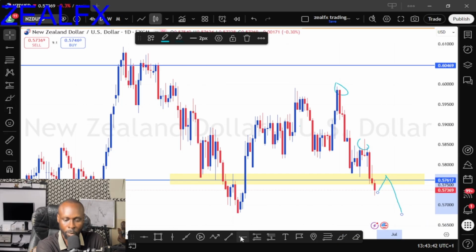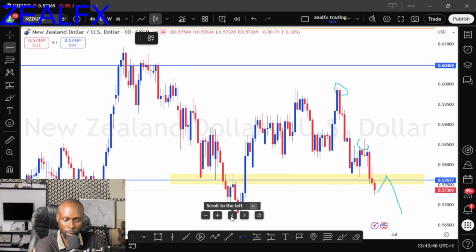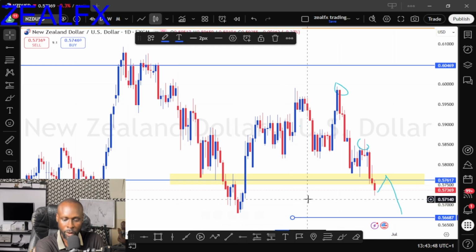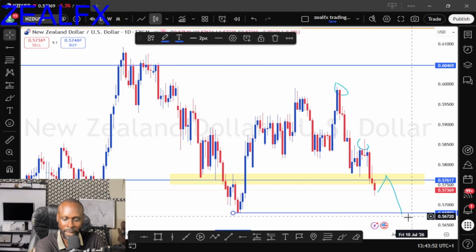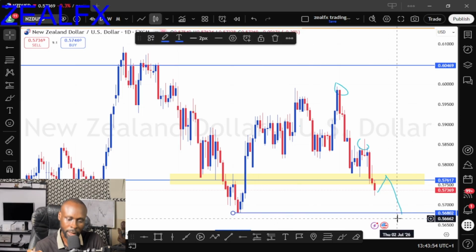So this level will be my first target for the New Zealand USD. And if we can see a break of this level, this might trigger more sell for the New Zealand USD. So expect more of the selling from the New Zealand USD this week.